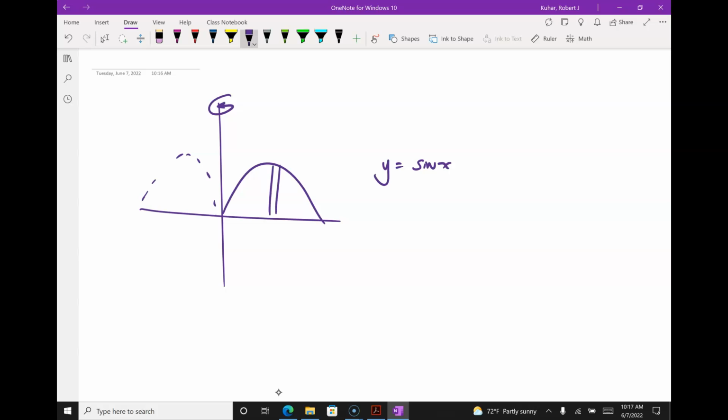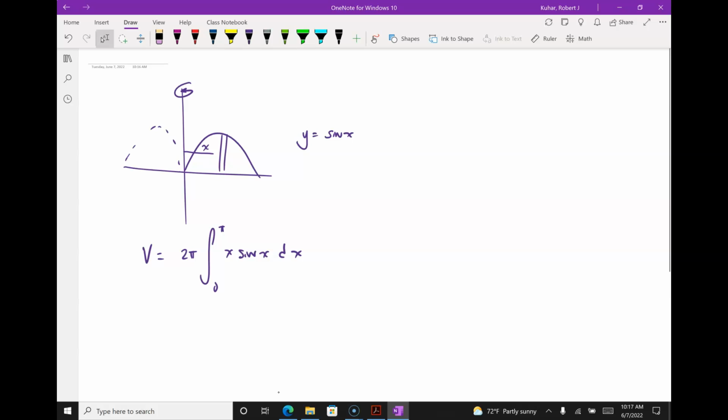So there's my rectangle, and it's pretty obvious that I'm just talking about x as my radius. So I have the volume equals 2 pi from 0 to pi of x sine x dx. The radius to the rectangle is a distance of x. The height itself is sine x, and that's pretty much it.